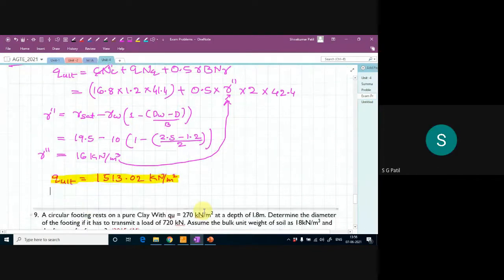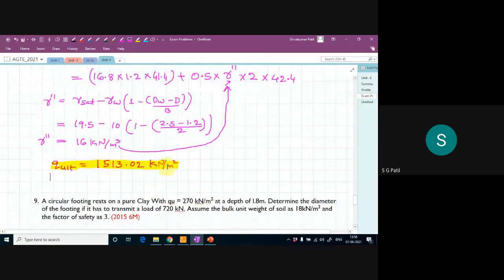Okay. So Q ultimate I got. Now Q allowable I should calculate. Q allowable is equal to Q ultimate divided by factor of safety. So I need the factor of safety, right? Factor of safety is equal to Q ultimate divided by Q allowable.